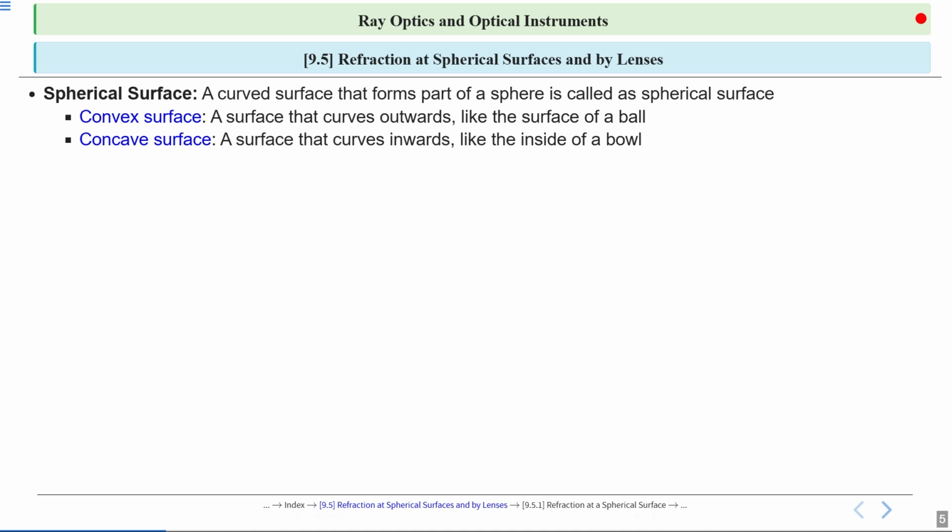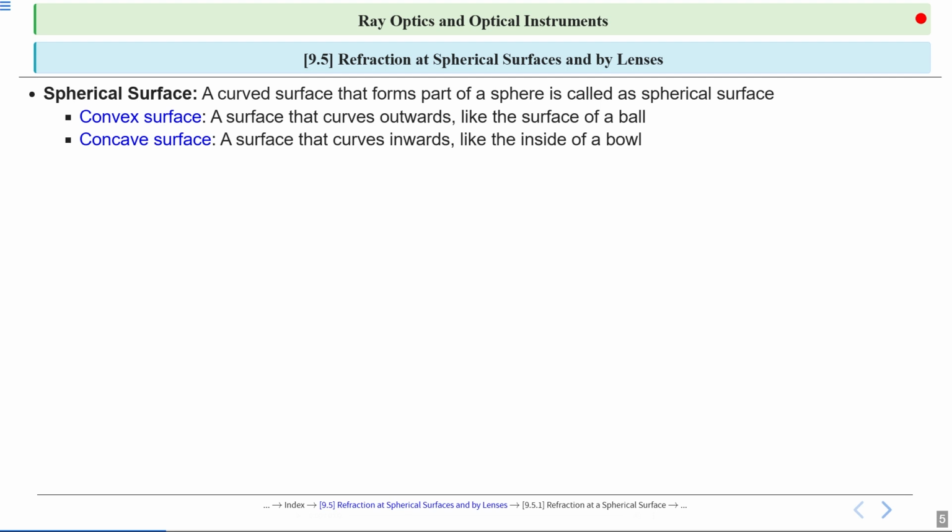The second surface is concave, a surface that curves inwards, like the inside of a glass ball. Picture the inside of a ball, it curves inwards.